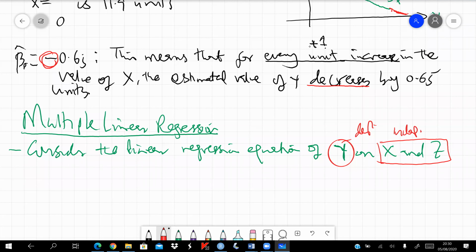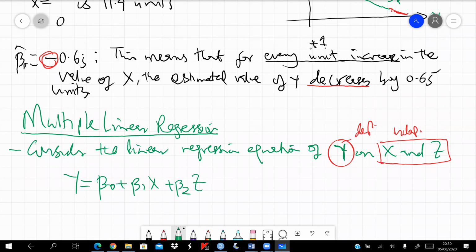Okay. So in that case, the regression equation will be of the form y is equal to beta naught plus beta 1 of x plus beta 2 of z.